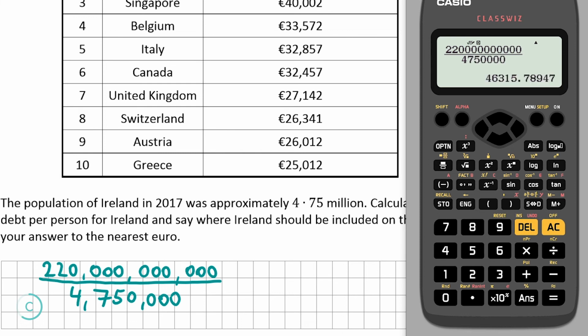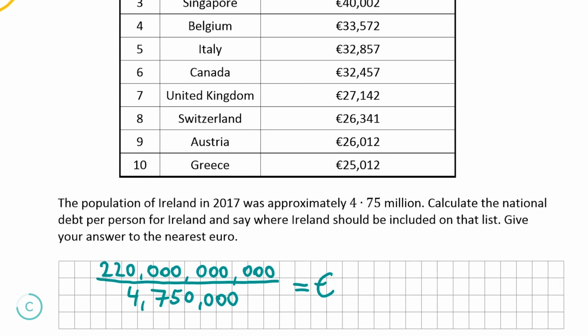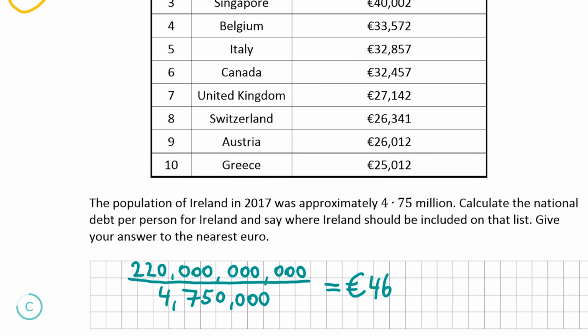And then we get 46,315.79 euro. So that's the debt per person in Ireland in 2017. Correct to the nearest euro, that is 46,316. Now let's have a look at the list and see where Ireland should be included on it.